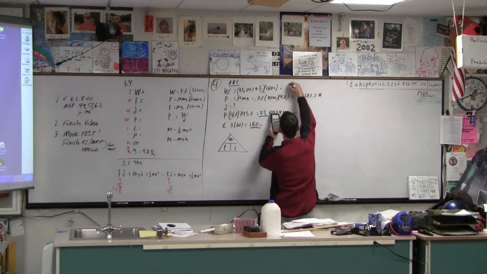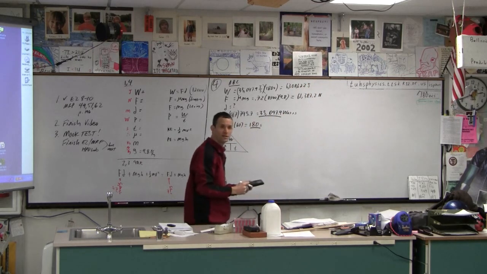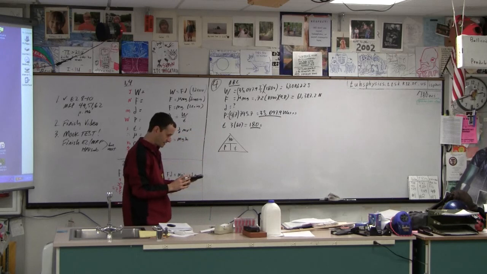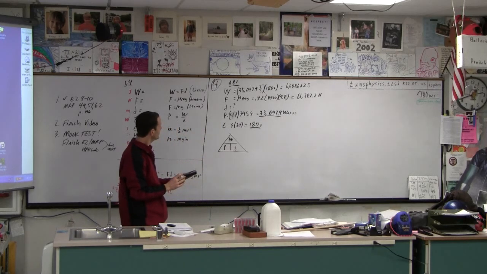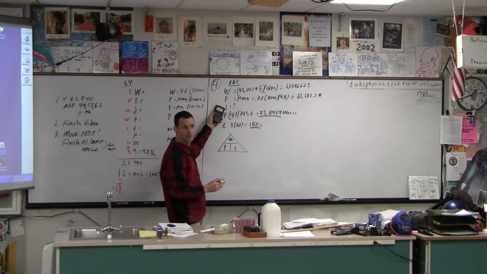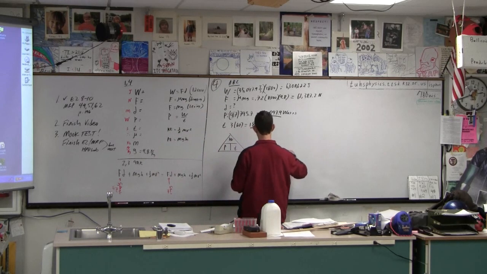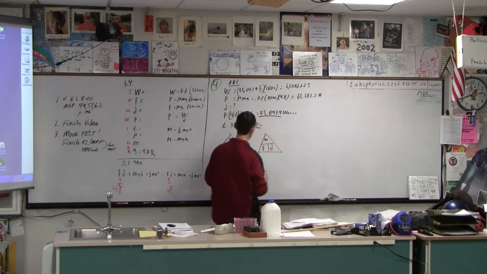So this is just a lot of work. Yeah? Are we good so far? And then what's the relationship between work, force, and distance? Yeah, there we go, right? So it's work, force, distance.